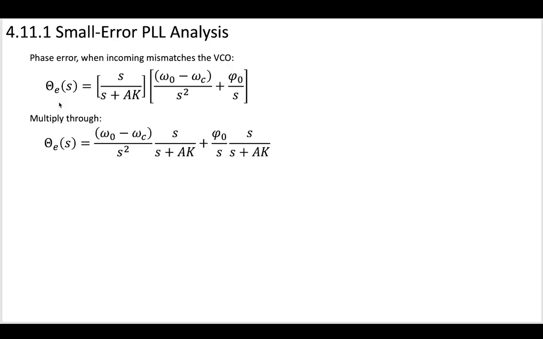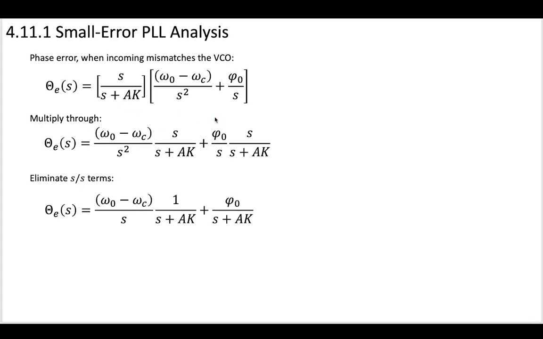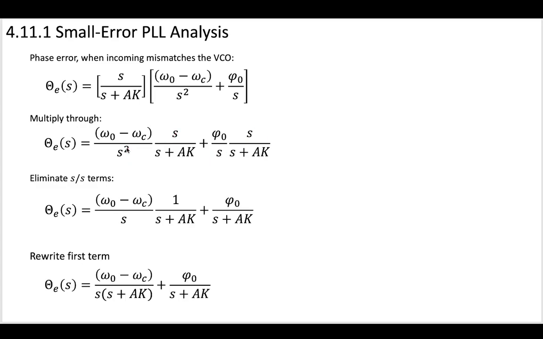So we're going to need to get this into a Laplace form. So let's start multiplying this through. We're going to multiply this term through here and here, and then we're going to eliminate some of these terms, right? These ones and this one are going to go away.